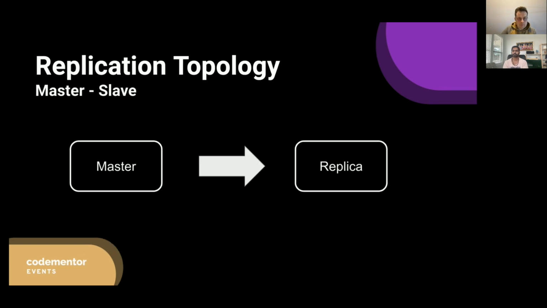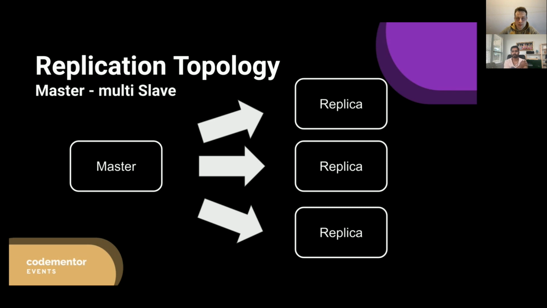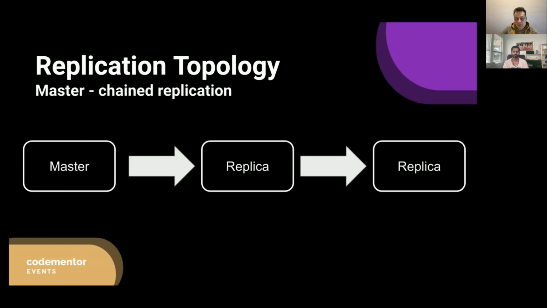Okay, we have already seen the basic topology when we have one master and one replica. Events from master go to replica, and that's it. We can have a more complex topology, multi-slave, multi-replicas. It's when you need read scaling out. We can also set up replicas in chained replication.